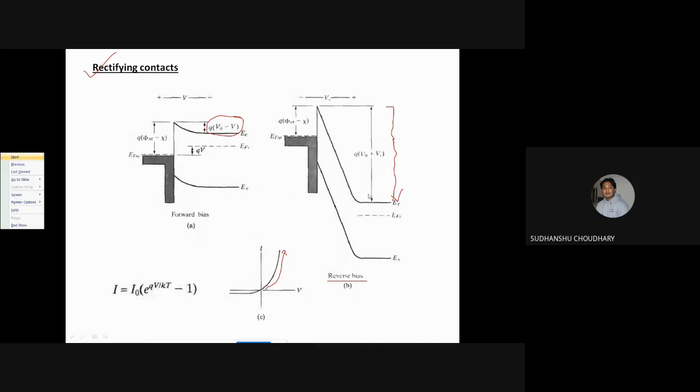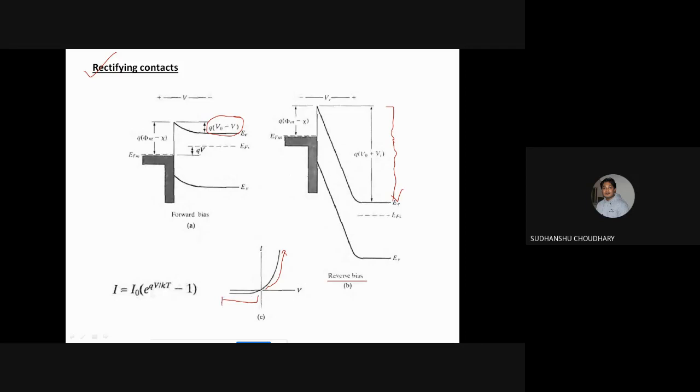Now when the Schottky barrier increases, electrons or maybe holes from the p side cannot diffuse into the metal side. So there will be no current, or the current will only be because of the generation current. That current will be very small in this region.